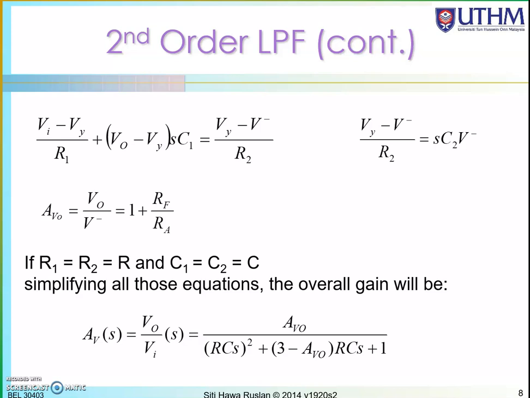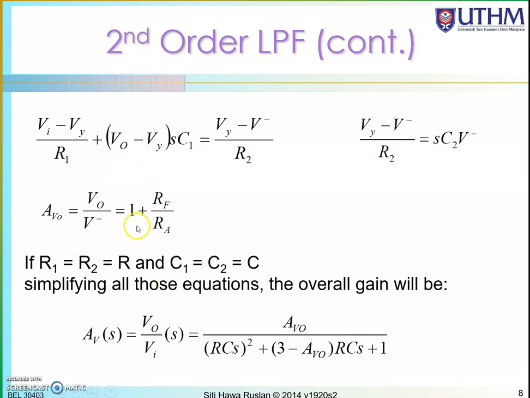Okay, I won't show it here. That is your homework, meaning that you have to prove your VO over VI for the second order low pass filter circuit just now. You should be able to get AVO divided by R squared C squared S squared plus 3 minus AVO multiplied with RCS plus 1. This is the transfer function for the second order low pass filter.